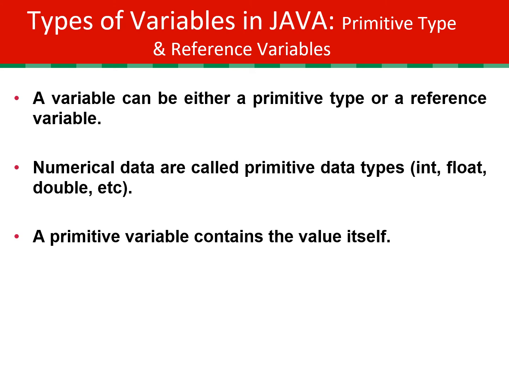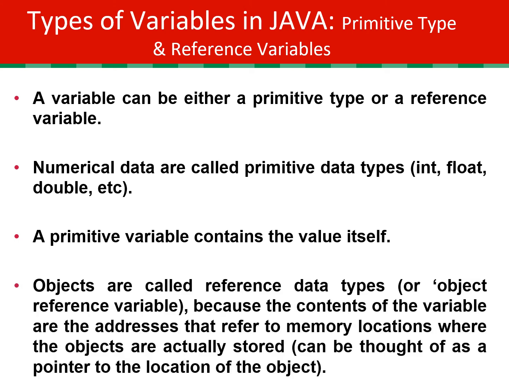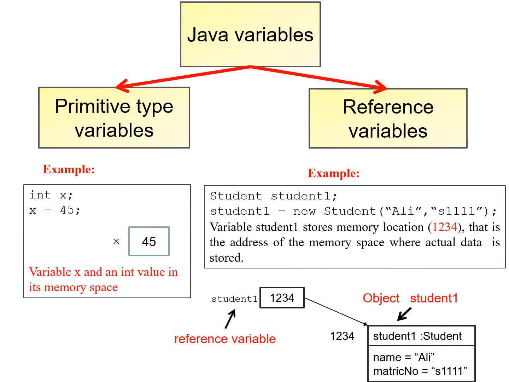Okay, so it says here primitive variable contains the value itself. Whereas there is another type which is called reference variable. Objects are called reference data type because the content of the variable is the address that refers to the memory location where the objects are actually stored. What that means is here.